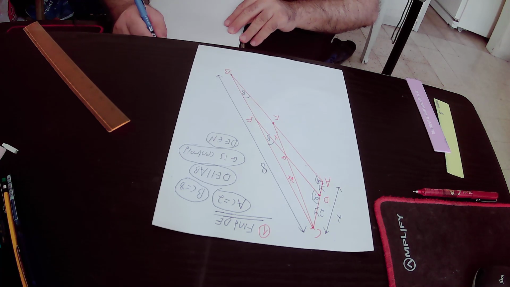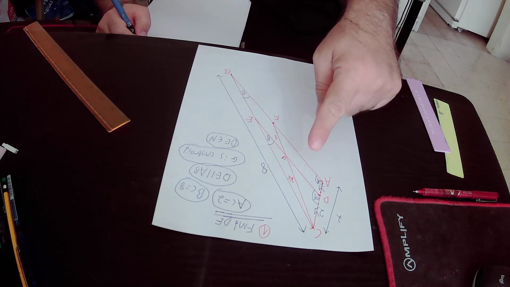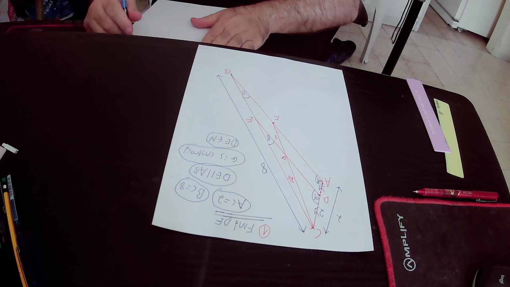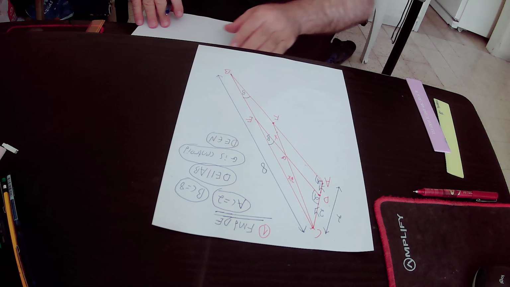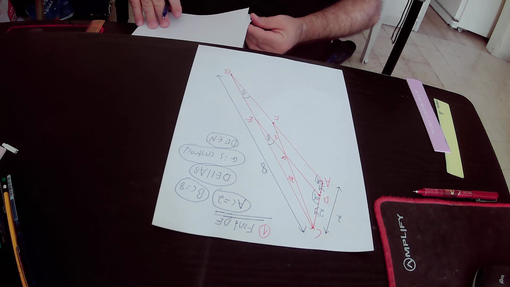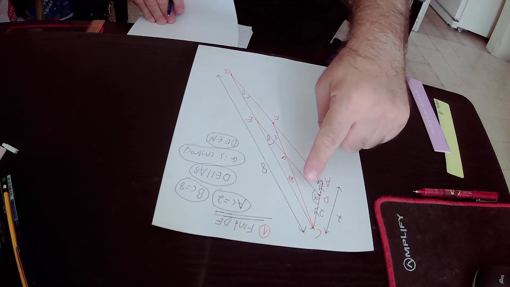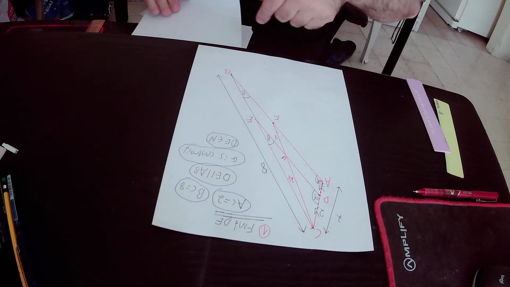Okay, so in triangle ABC and triangle CDE, we will focus on the big triangle, triangle ABC, and on the small triangle, triangle CDE, this triangle.